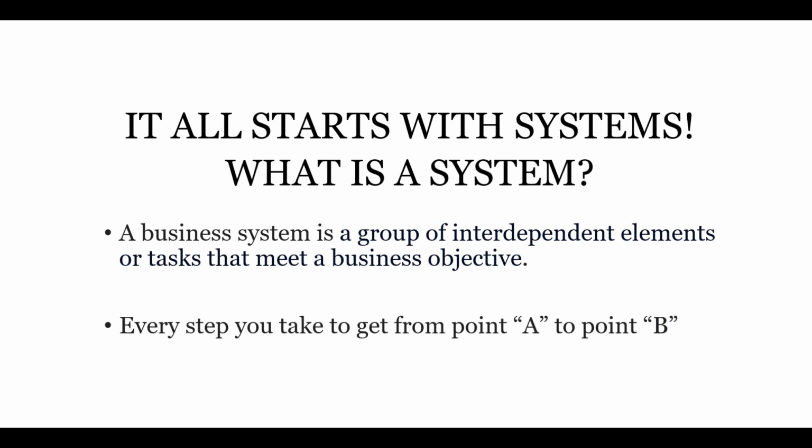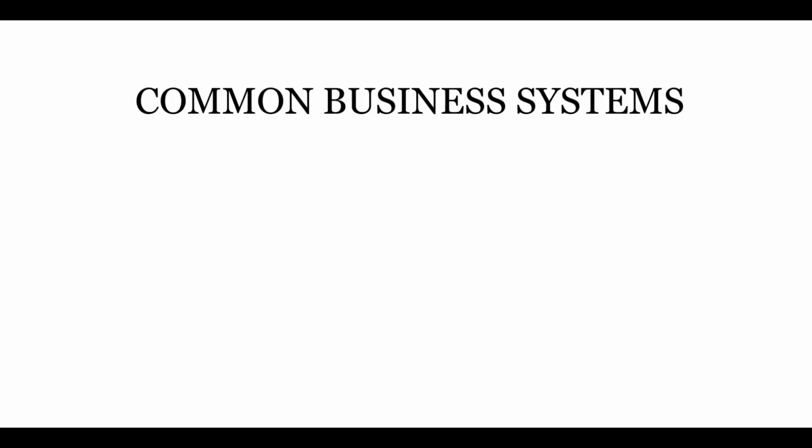That's it. So, some common business systems: your interested client system and your booked client system. Those are the two most common. Every business should have those. That's two of the things that I help most of my clients with. So, of course, your interested client system would be all the steps you take from point A to point B, point A being someone's interested in your service, point B being they book with you.